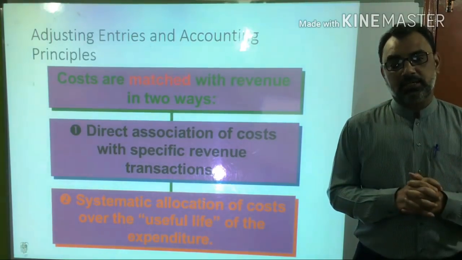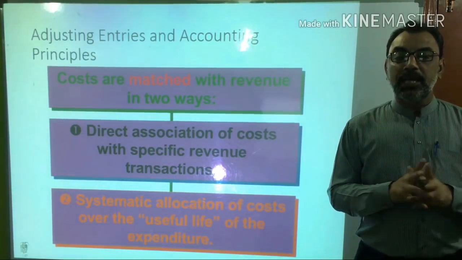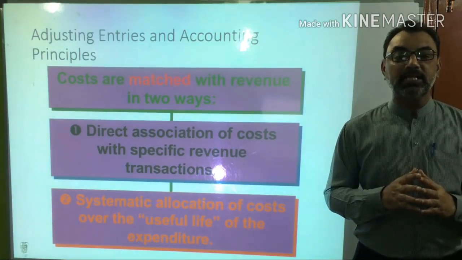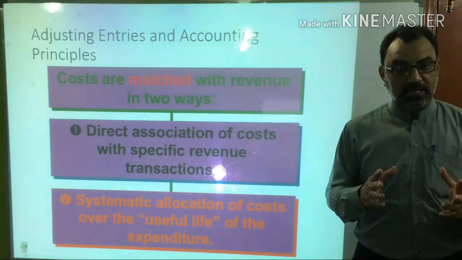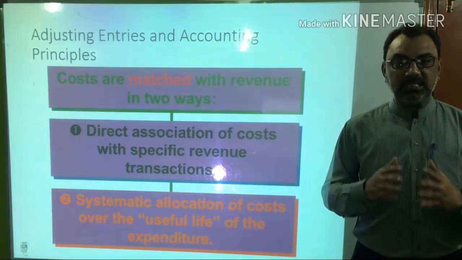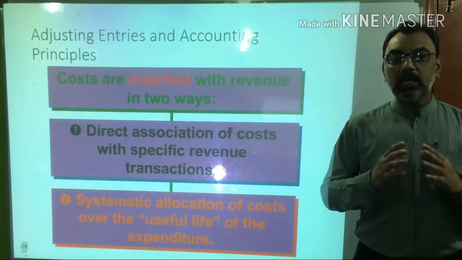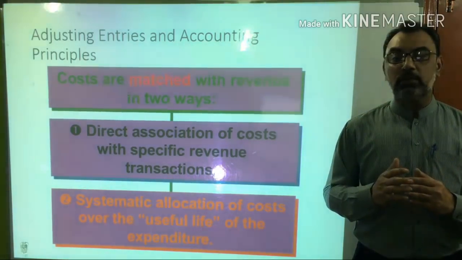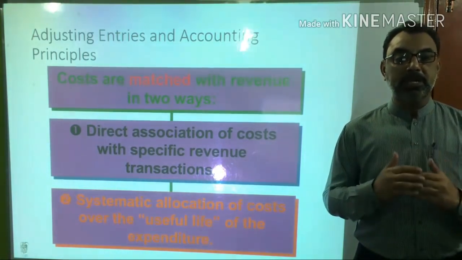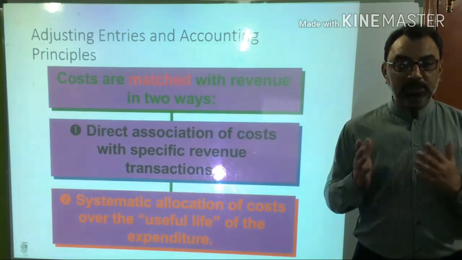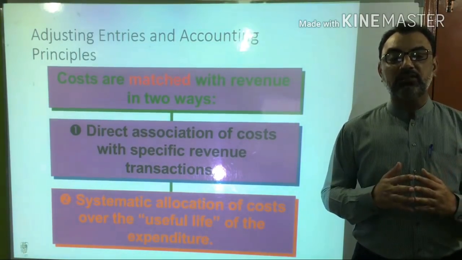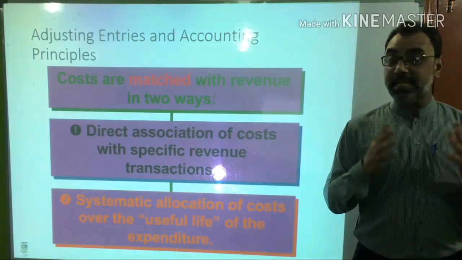In most cases, the realization principle holds that revenue should be recognized at the time goods are sold or services are rendered. At this point, the business has essentially completed the earning process and the sales value of the goods or services can be measured objectively. At any time prior to sale, the ultimate sales value can only be estimated.